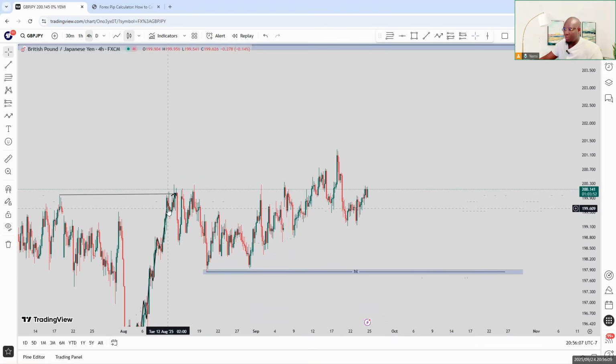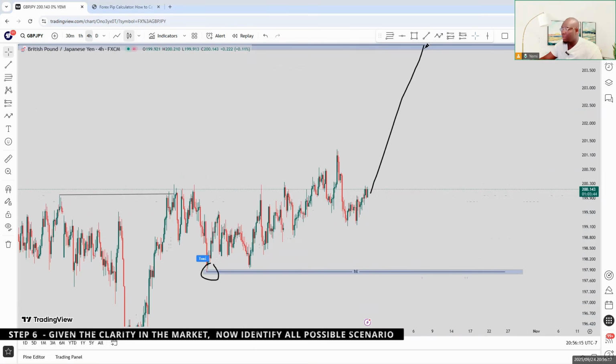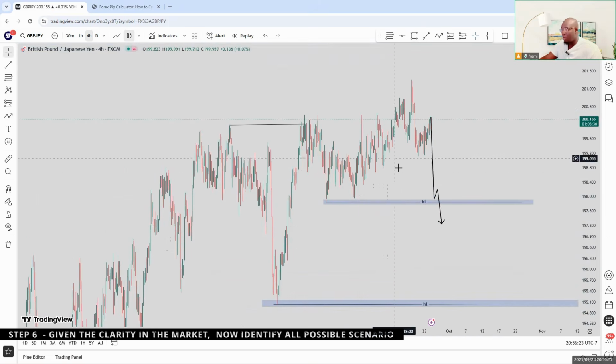What do I mean? This specific higher low, can it continue sending the market up to this level, or perhaps the market needs to come back to that level to test it, or even go lower? Perhaps go even lower.